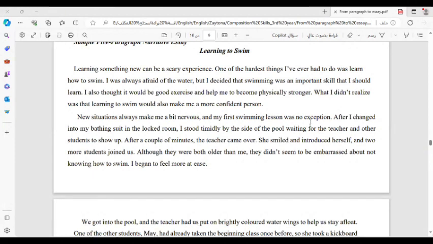Learning to Swim. Learning something new can be a scary experience. One of the hardest things I have ever had to do was learning how to swim. I was always afraid of the water, but I decided swimming was an important skill that I should learn.